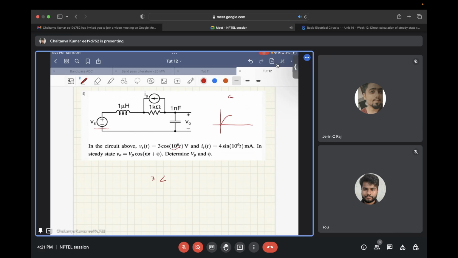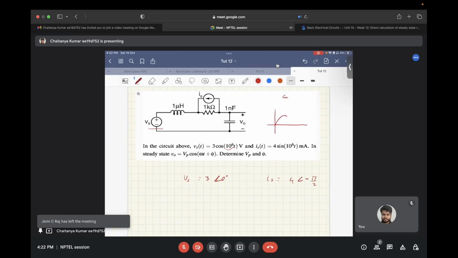So we have 3 at 0 degrees as Vs, and Is over here we can either write as 4 with a phase shift of minus pi by 2, or we can write it in the iota form, that is 4 and minus j. So we have these two forms.